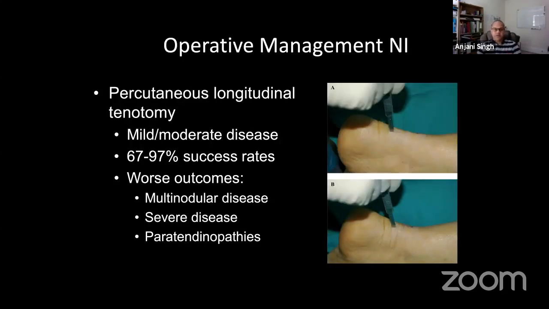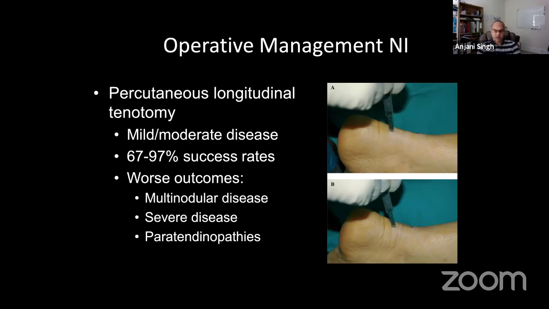So operative management, again, something which is commonly a normal procedure in the sense that it is straightforward and does not involve a huge amount of dissection, is to perform longitudinal tenotomies in the area where you feel that there's cyst formation within the substance.